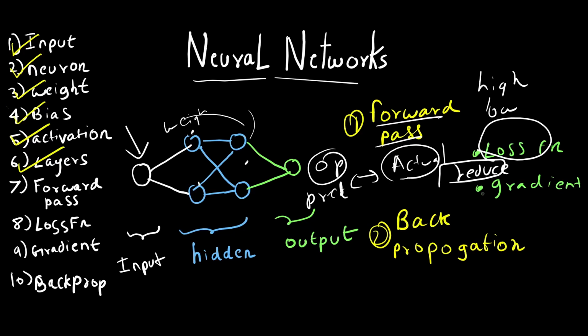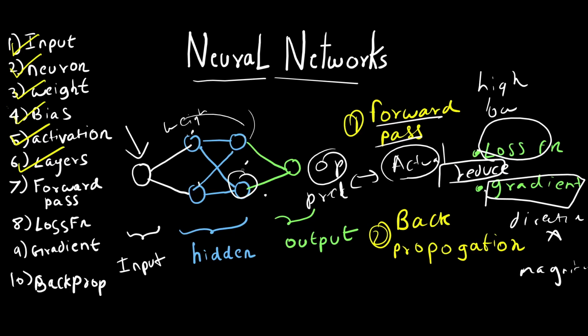That's where the concept of gradient comes in. Gradient is a technical term, but intuitively it tells the direction and magnitude in which a particular weight, like in this neuron, should change. So whether the weight in this neuron should increase or decrease, and by how much, so that the final loss, which is the gap between the actual and predicted value, would be minimized.